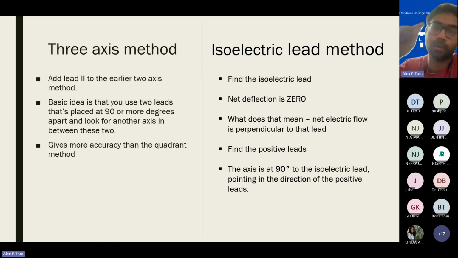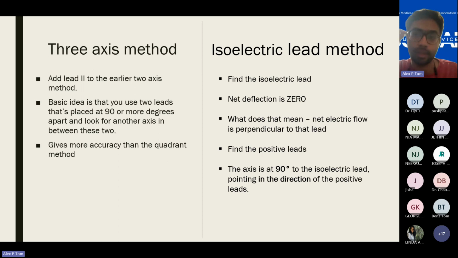When you add these both, if it comes to 0, that is when you say the net deflection of the ECG is 0, and that will be your isoelectric lead.